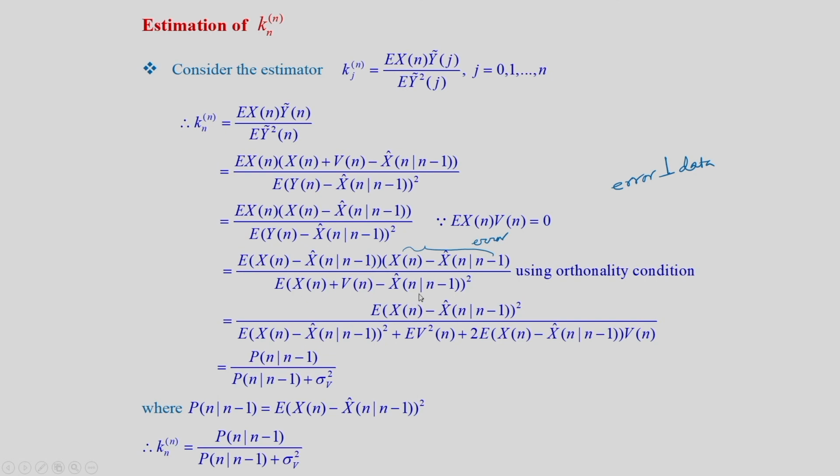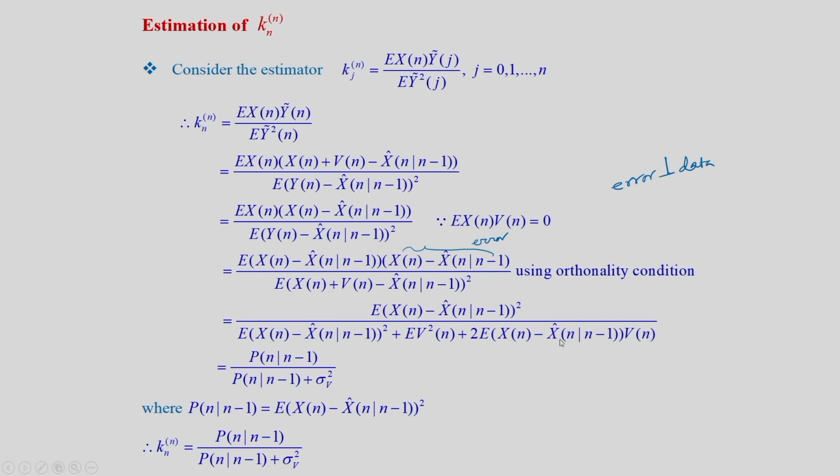Now, after taking the expectation, we will have E of this part we can take together, E of x n minus x hat n given n minus 1 whole square, and then E of v square n will be there plus twice E of x n minus x hat n given n minus 1 into v n. So, that way we are expanding this expression.